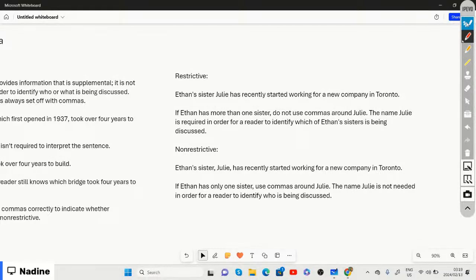If Ethan has more than one sister, then do not use commas around Julie. Then the name Julie is required in order for a reader to identify which of his sisters is being discussed.